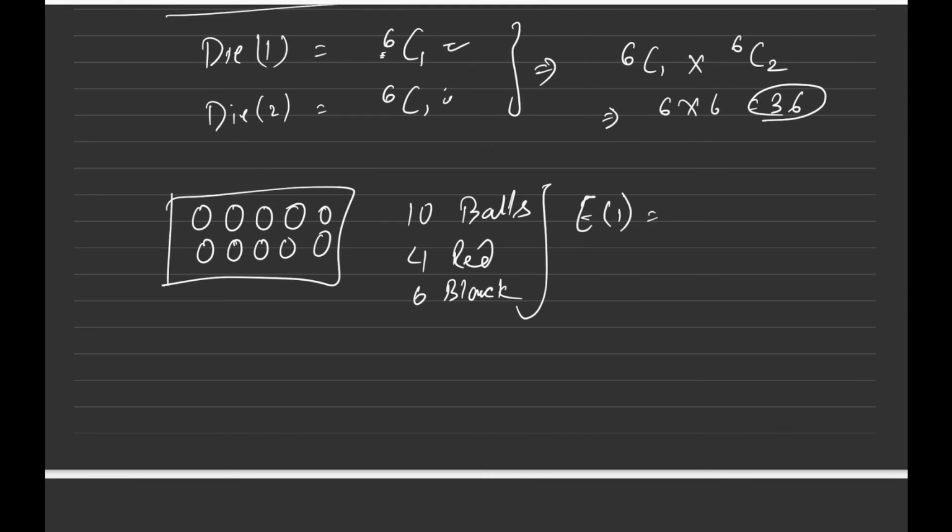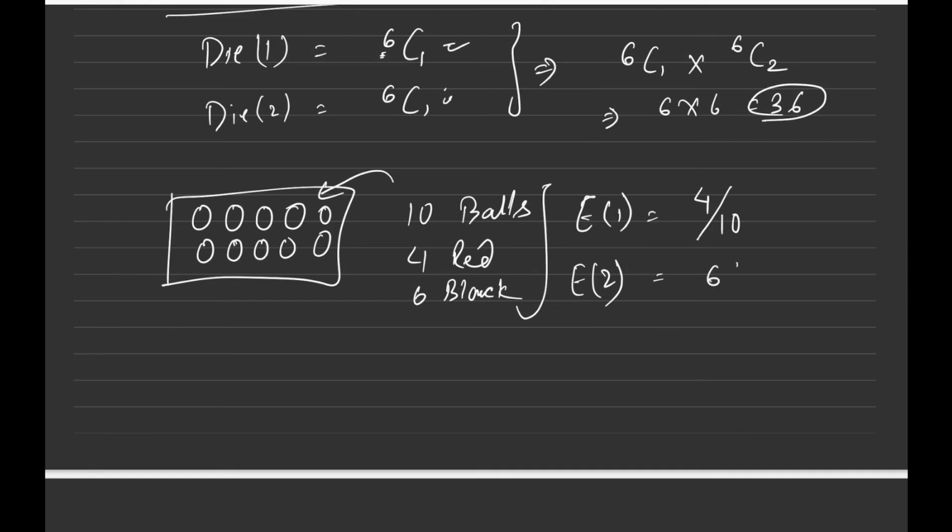and out of those 10 there are 4 red and 6 black. You do experiment 1, and if I ask you, what is the probability of getting red, you will say the probability is 4 divided by 10. You do the second experiment with replacement, that means you put the ball back, and I ask, what is the probability that I will get a black?